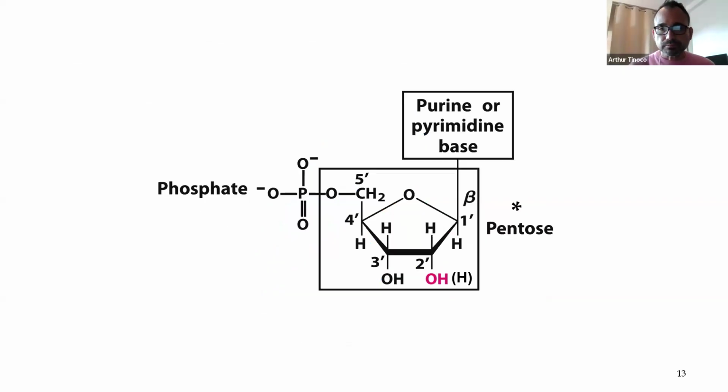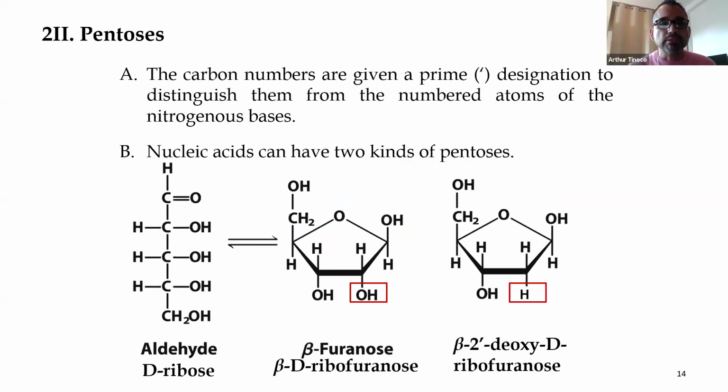All right, so in addition to the nucleobases, we have the actual sugar ring. The carbon numbers are given a prime designation to distinguish them from the numbered atoms in the nitrogenous bases, the nucleobases. They can come in two forms, and here you have the representation of the structure of these sugars.